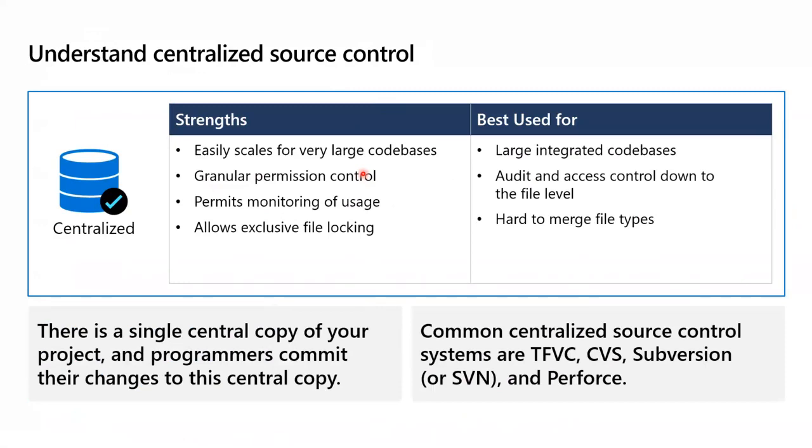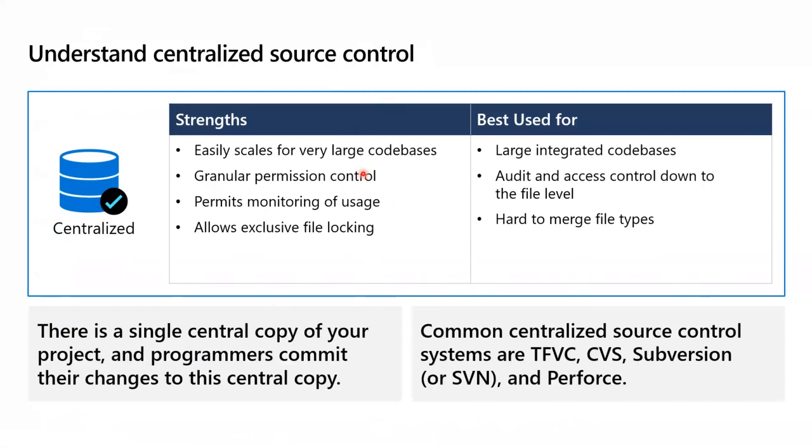Centralized is when you have a server, and all of your members are pushing the changes to that specific server. Examples of this are Team Foundation Version Control and Subversion, or SVN.